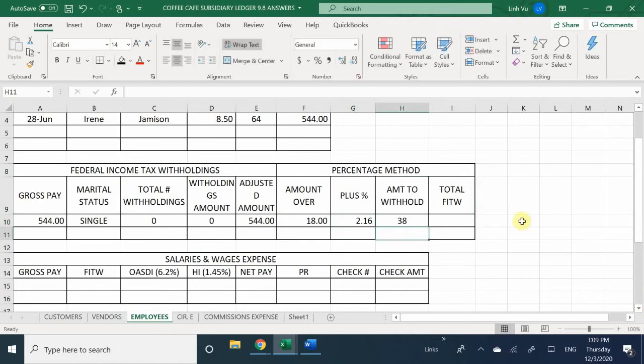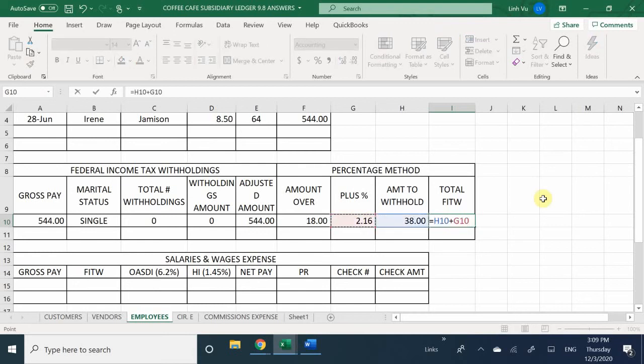So what is her total federal income tax withholding if we add the 12%? $40.16. We add these together to get $40.16, and that's the federal income tax withholding.